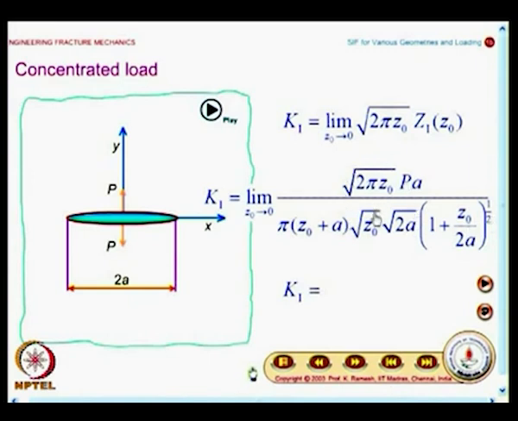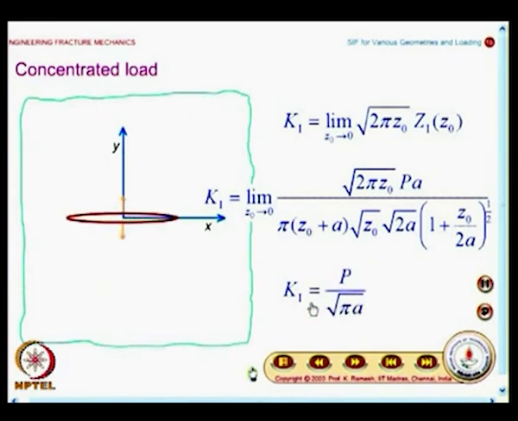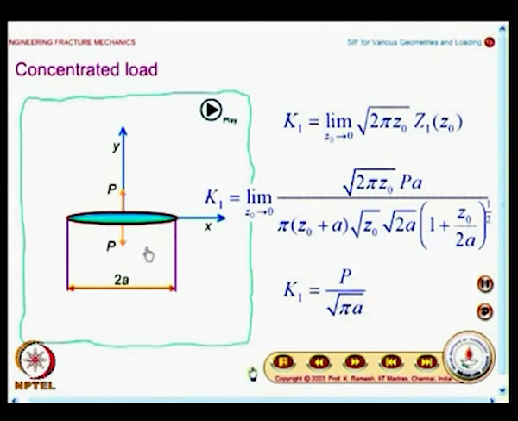Now, I can simplify this and then get the value of K as p by root of pi a when I have concentrated load acting at the center of the crack tip.